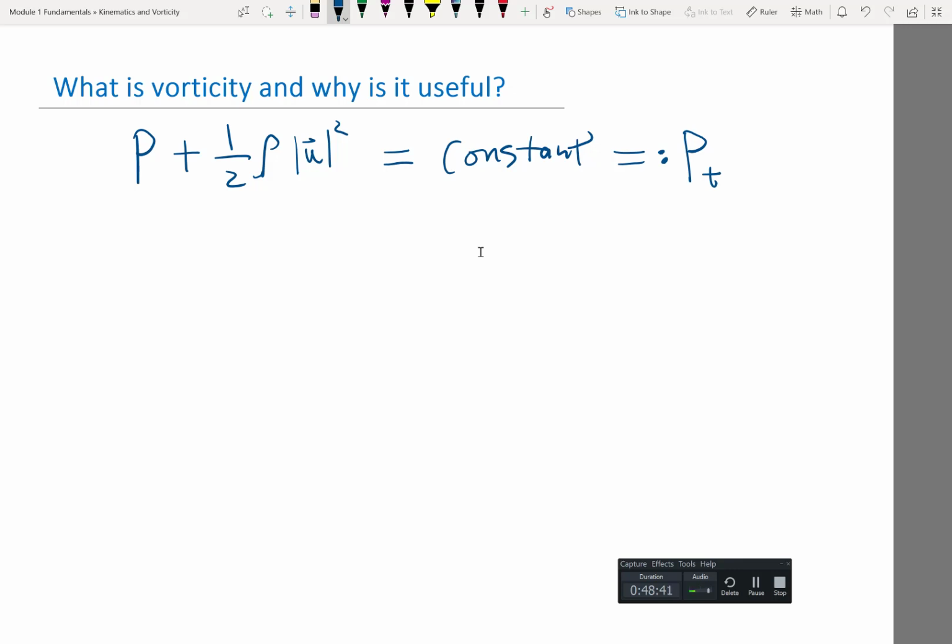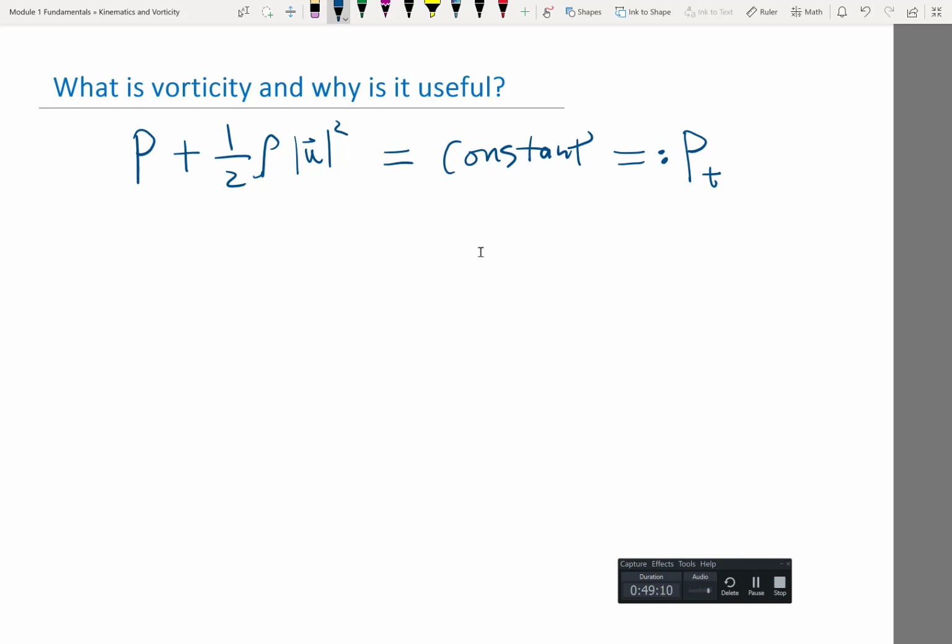And in the homework, you're going to be working on, if not yet, pretty soon, you're going to see that in a compressible flow, this is not going to be as simple as this one. You are going to have a much more complicated formula with the power of gamma over gamma minus 1 and things like that.